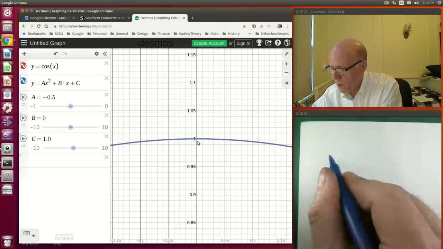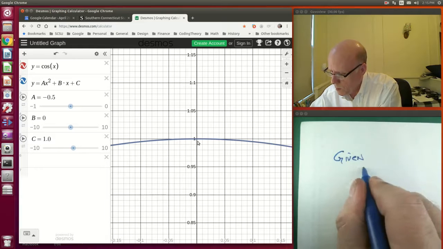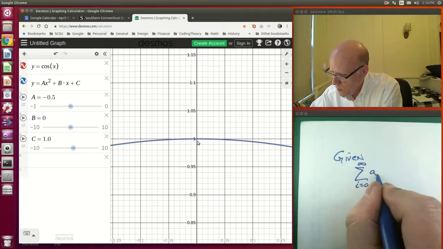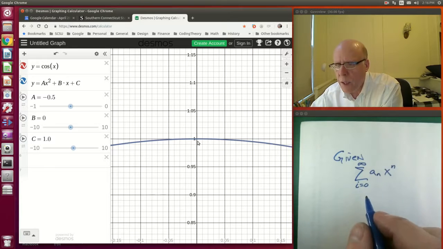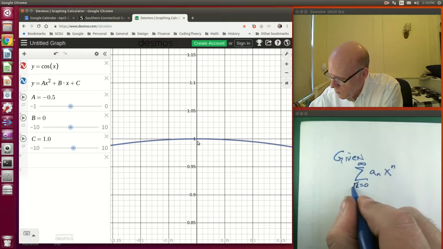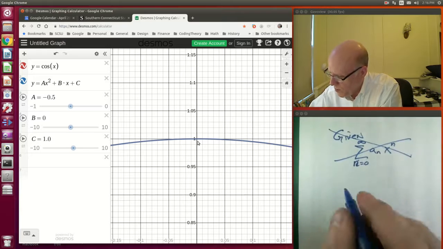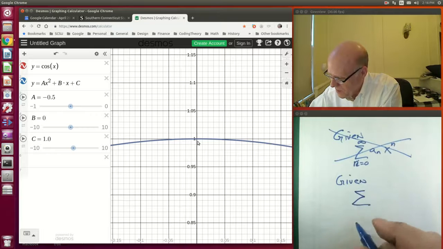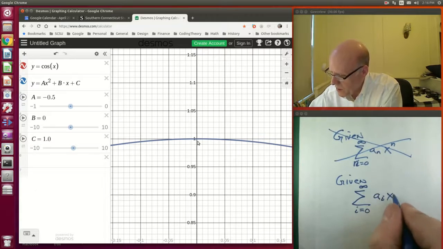The general idea is that if you're given a power series, so some infinite sum, it starts at 0, goes to infinity, of a sub i x to the i. I really want i's to be the index variables, because n is going to mean something else. So i goes from 0 to infinity of a sub i x to the i.